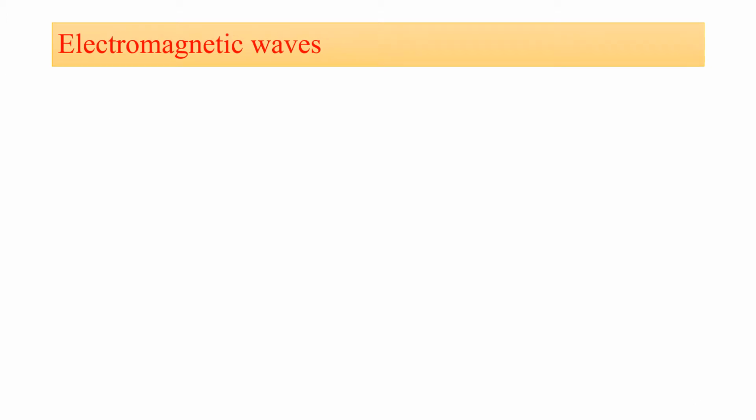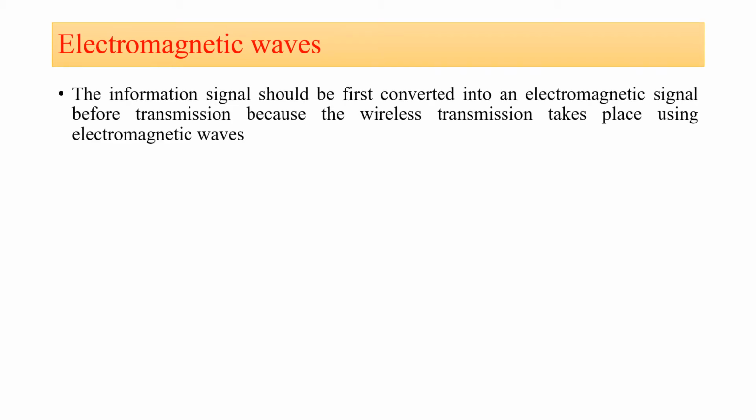Before starting our electromagnetic spectrum, let's see what electromagnetic waves are, because to understand the concept of the electromagnetic spectrum, knowing what electromagnetic waves are is very important. The information signal should be converted into an electromagnetic signal before the transmission, because wireless transmission takes place using electromagnetic waves.